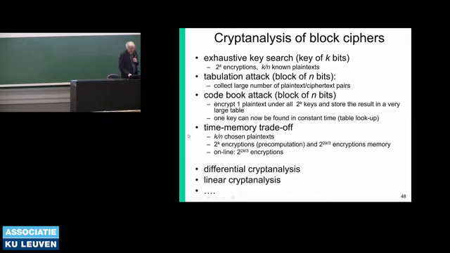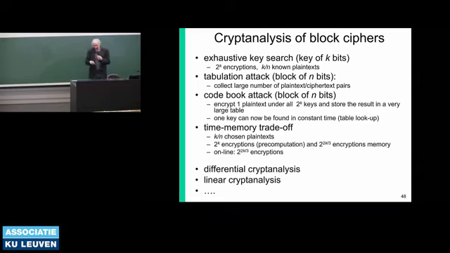There is also another attack, and I will not spend too much time on this. This is more for the advanced crypto course, but at least you have an idea. What you could do is take one plain text and, like in the double DES attack, encrypt it under all possible keys and then store the result. In double DES, we only do it for half, but you can do it for the whole cipher.